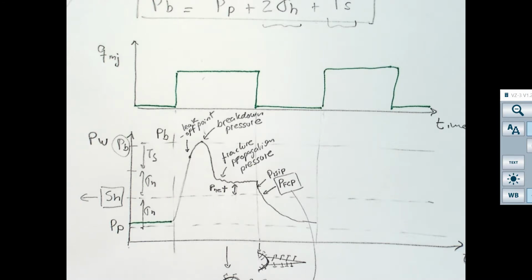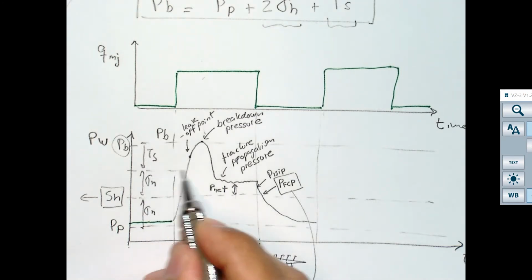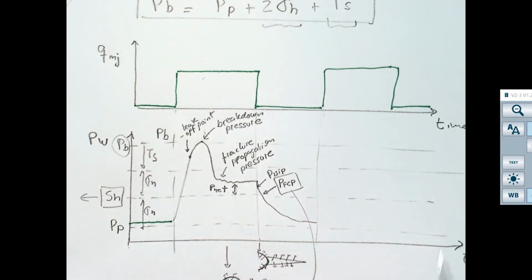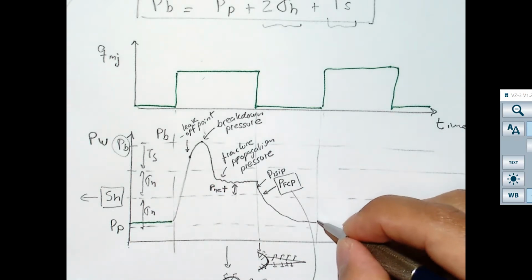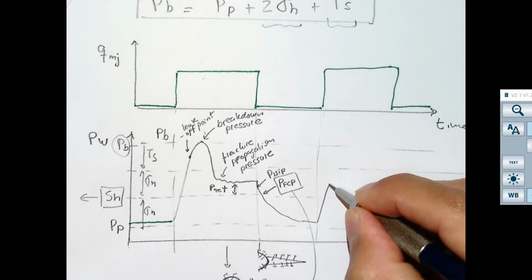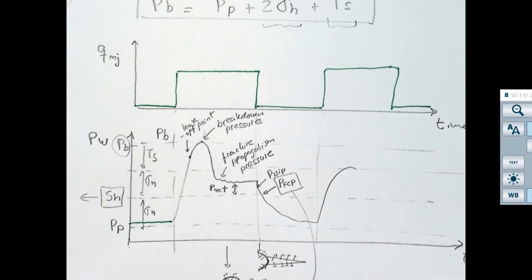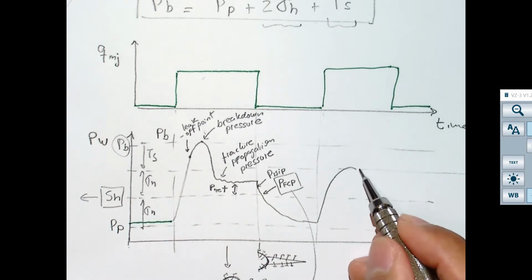Can we account for the tensile strength of the rock? No, because it was already fractured, right? Because it was already fractured, now our PV is a different one. It's not the same that we had before. And it actually is going to be lower, but notice that it's still higher than the minimum principal stress.